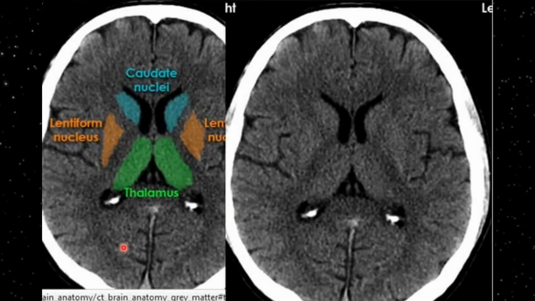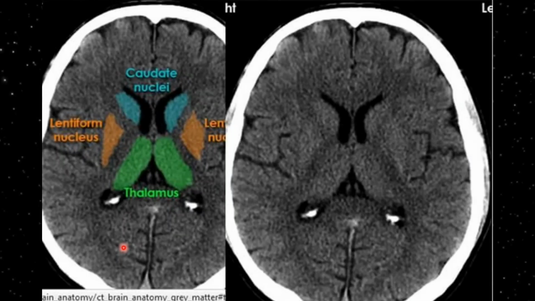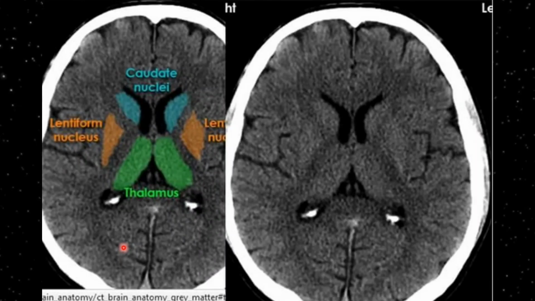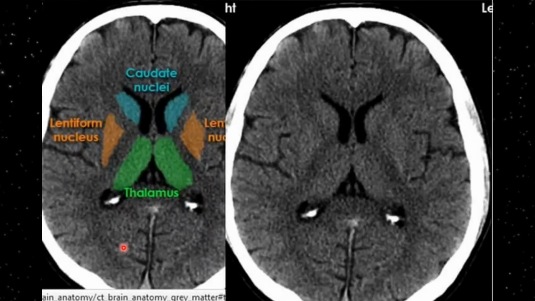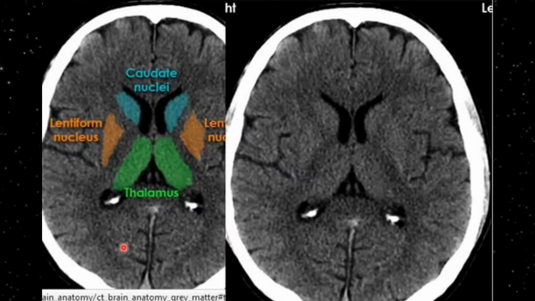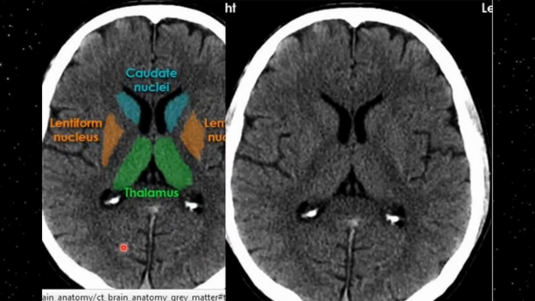Here on this slide I'm going to talk about the basal ganglia, which is mainly composed of gray matter, because they contain neuronal cell bodies, that's why it is composed of gray matter. Among the components of the basal ganglia, here you can appreciate that the lateral walls of the lateral ventricle show the caudate nucleus.